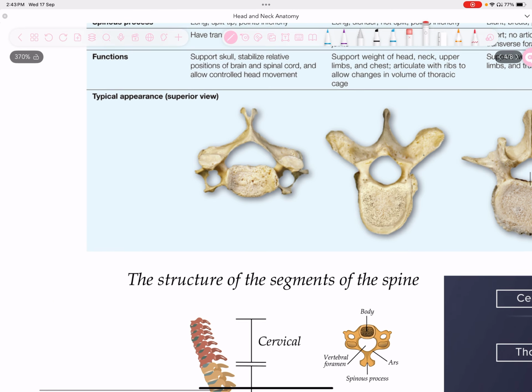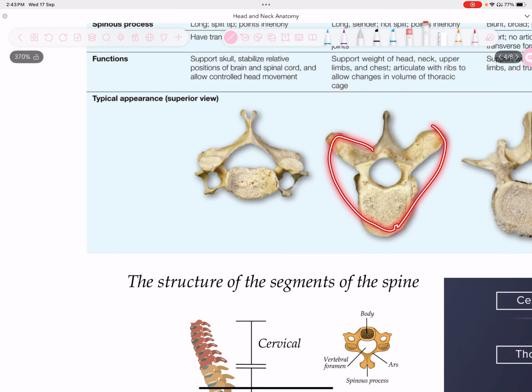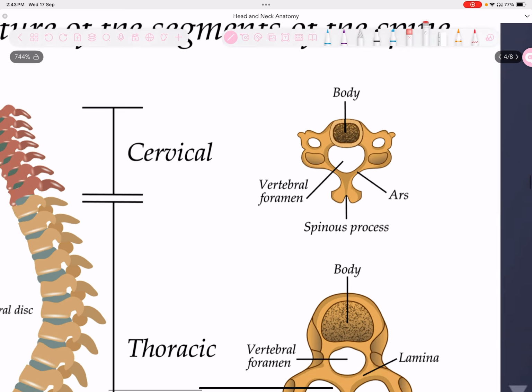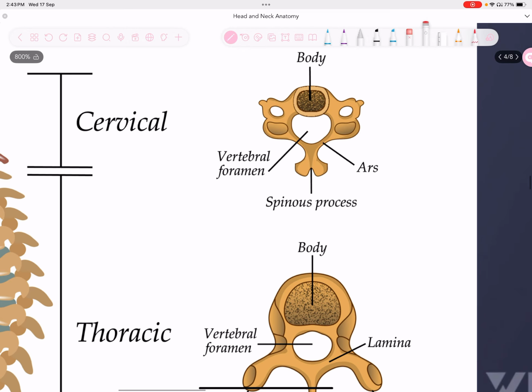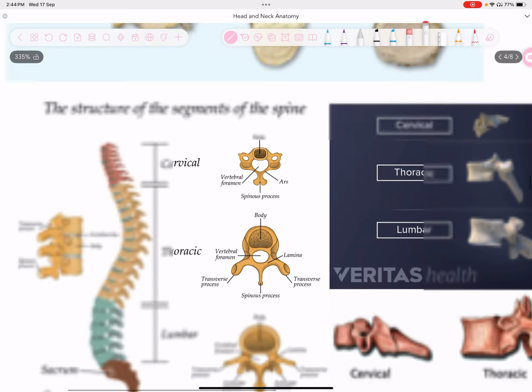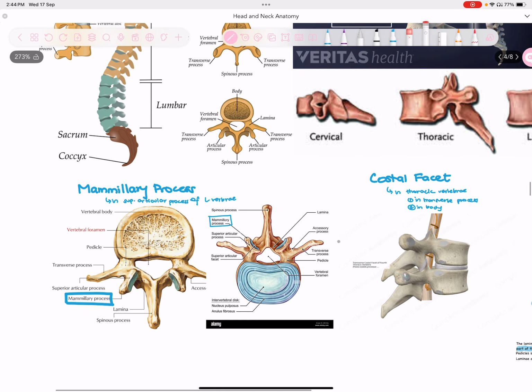And also one thing they said is that the thoracic vertebrae is heart shaped. Here I was talking about the cervical, that its vertebral foramen is triangular in shape. For the rest, it's circular. Now, another thing here: let's focus on cervical vertebrae, atypical and typical.